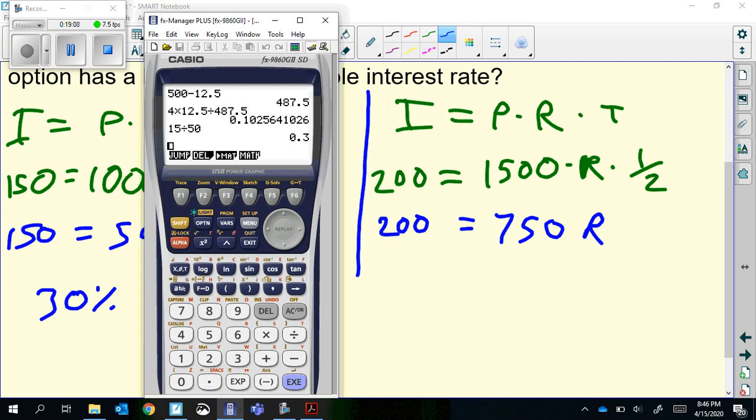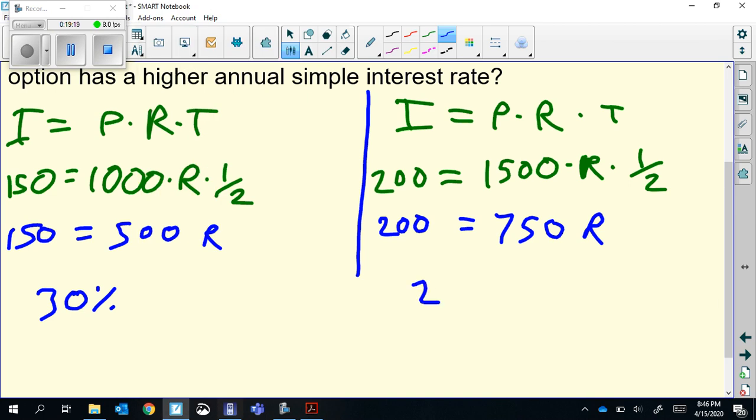On our other one over here, we have 200 divided by 750. Could have done the same trick and dropped a zero, but I didn't. 26.6 repeating, so we'll round it to 26.7% interest.